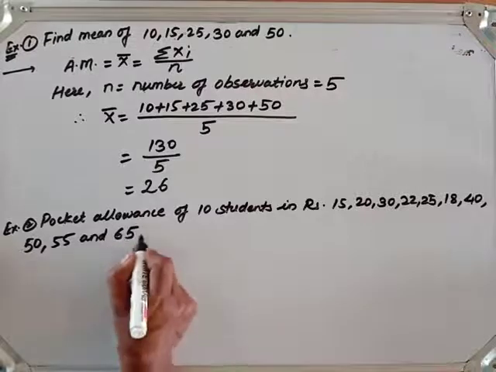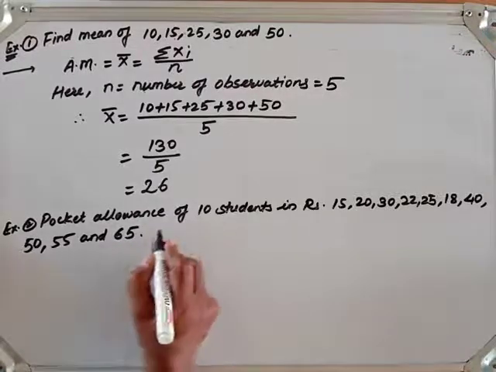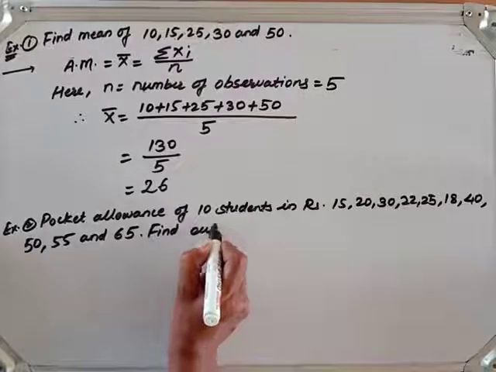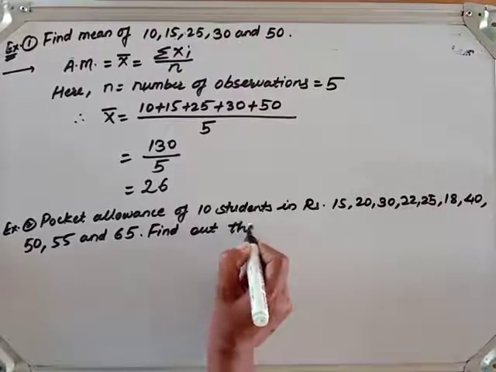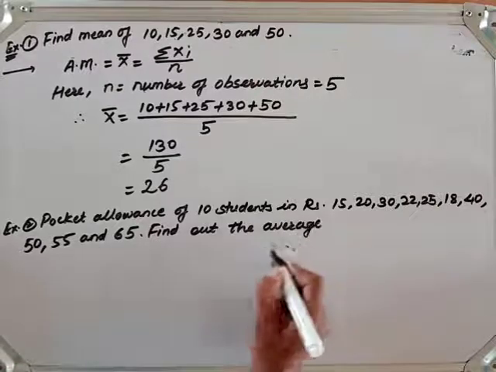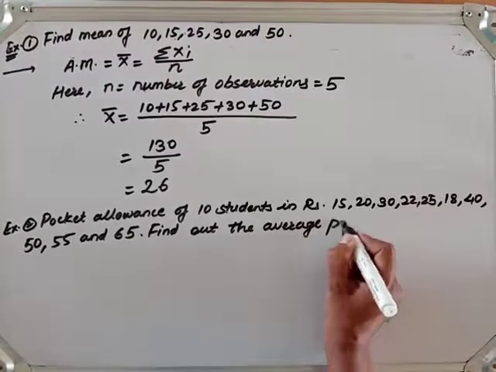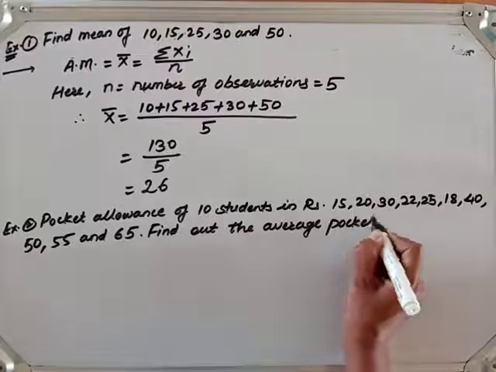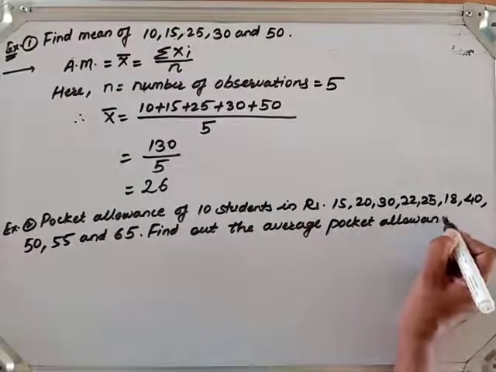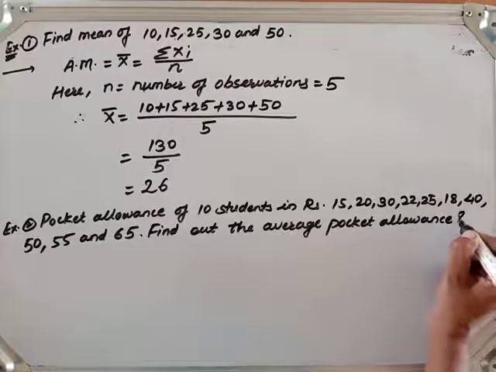Suppose these are the pocket allowances of 10 students. Now the question is to find out the average pocket allowance. Average means mean. Here the average pocket allowance is nothing but the arithmetic mean.